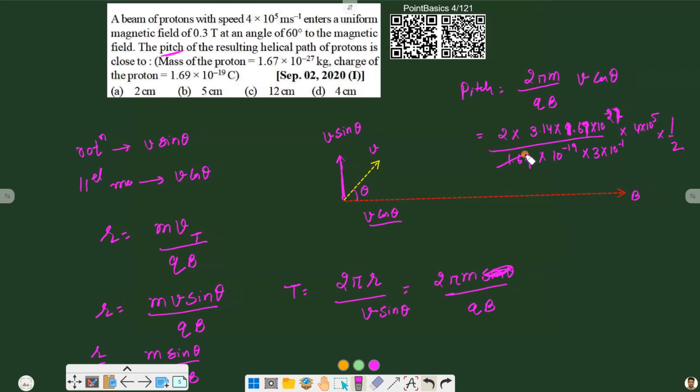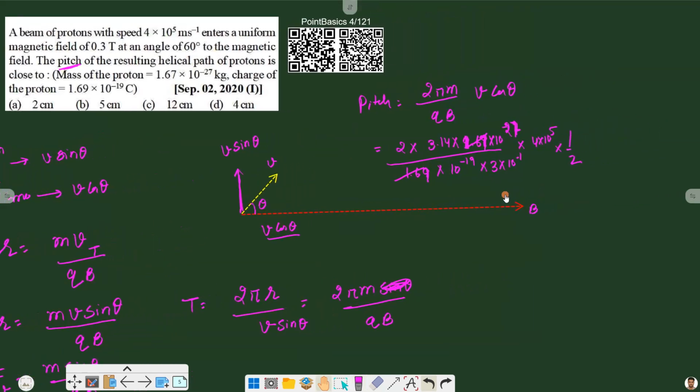Now we can easily cancel 1.69 and 1.67 because we just have to approximate here. And this 2 again gets cancelled, and we are left with 3.14 into 4, and 10 raised to power minus 27 plus 5 plus 1 plus 19, divided by 3.